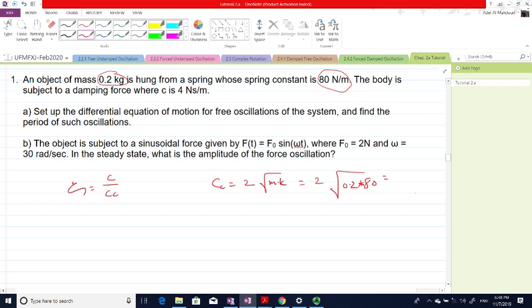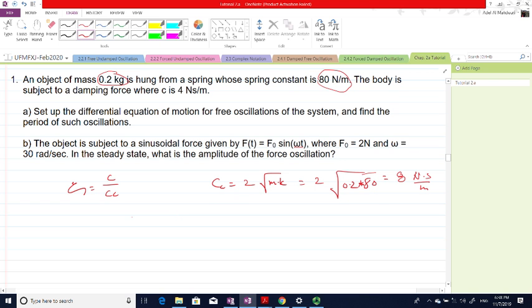No. It will be 4 times 0.2 multiply 80, and all under square root. Now it will be 8. Are you sure 8? It will be Newton second per meter.